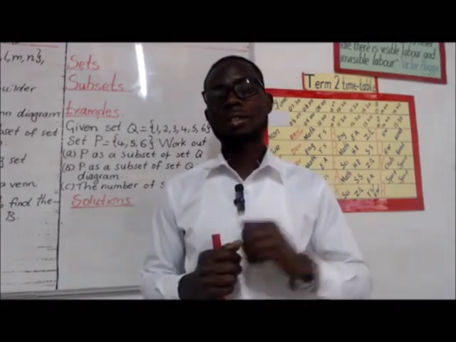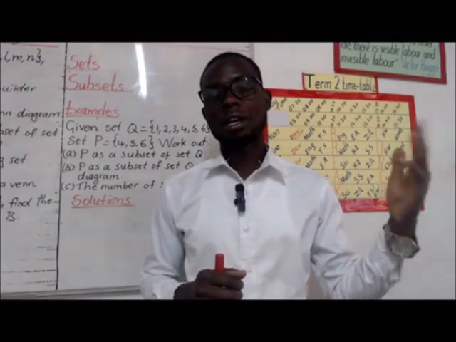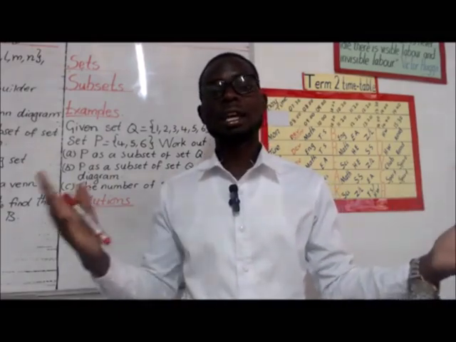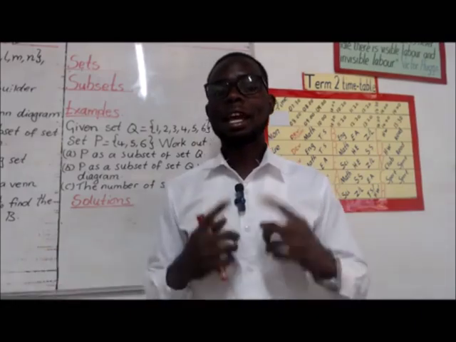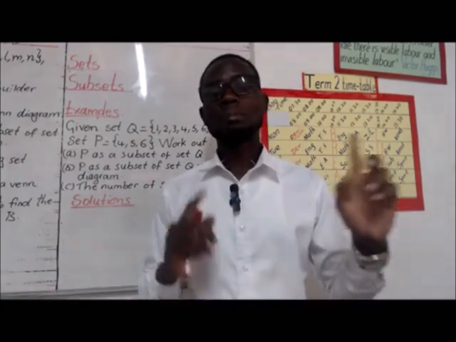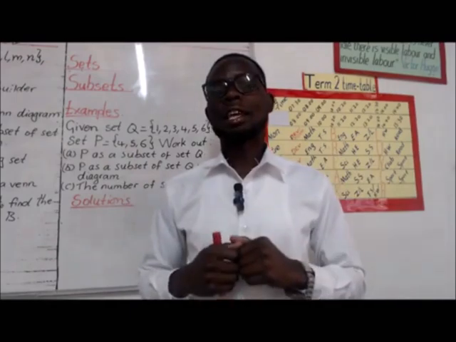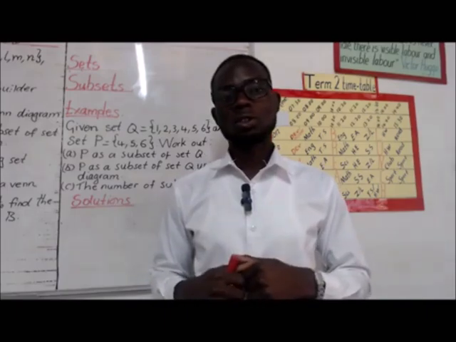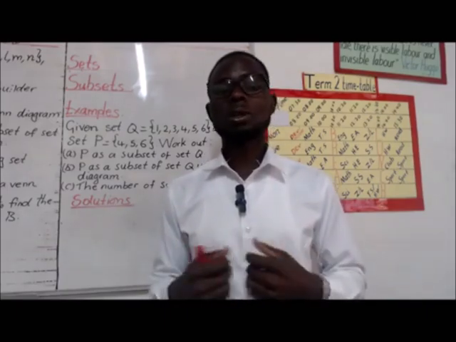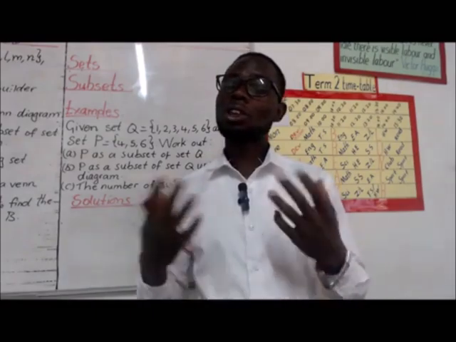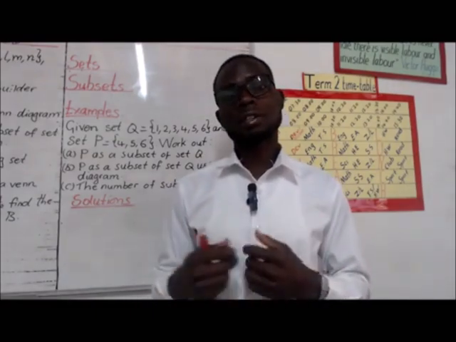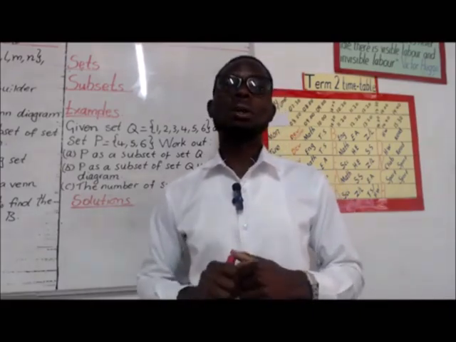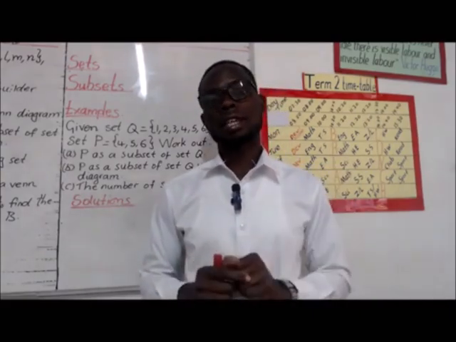So if I have set A has elements and set B has also elements, the ones which are common, which are found in both of these two sets, are the ones that make up the intersection of these two sets. So we can come up with one set which we can name, maybe set Q, as that set of the intersection, and put those elements which are common in the two other sets.